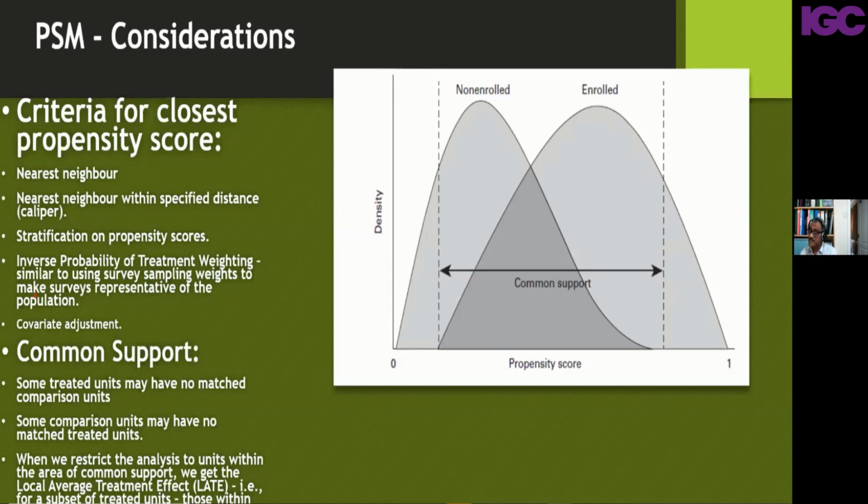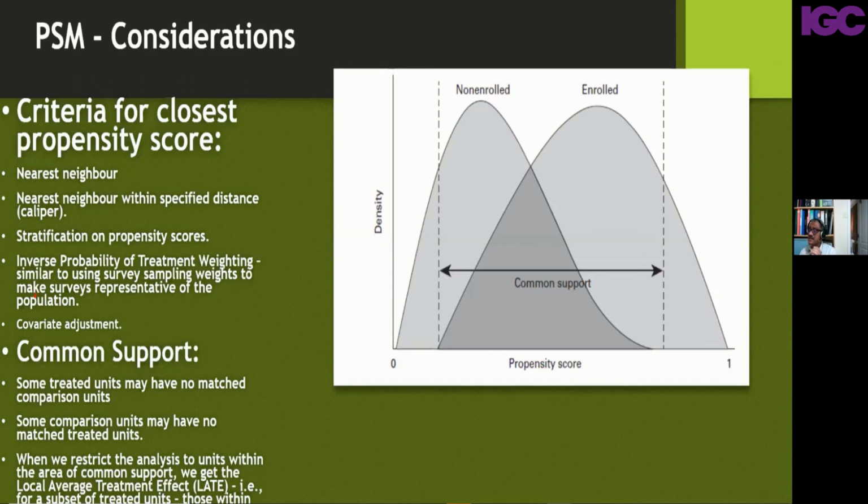So in that case, you may compare one treated unit with say 5 other matched units which have got the closest propensity score within a specified distance. Or you may stratify the propensity scores into different groups and compare the outcomes between the treatment group and the non-participant group.